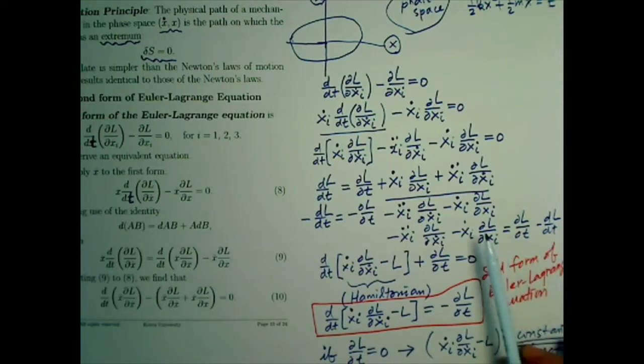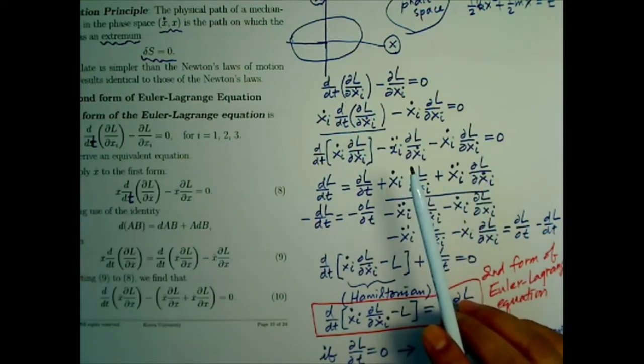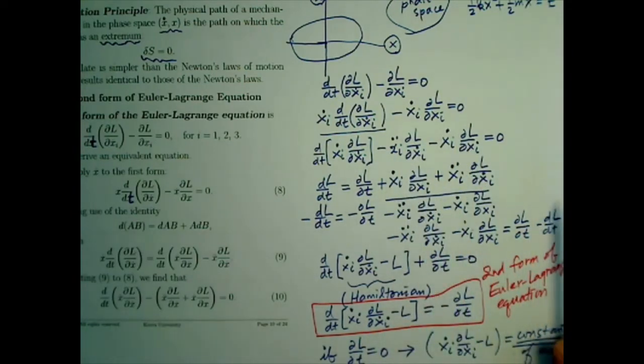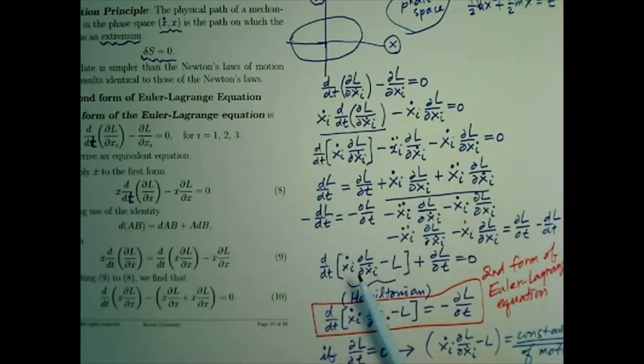So if I replace this one with this one, this total time derivative of the Lagrangian can be included here. So velocity times conjugate momentum, subtracted by the Lagrangian, and the partial time derivative term appears here.